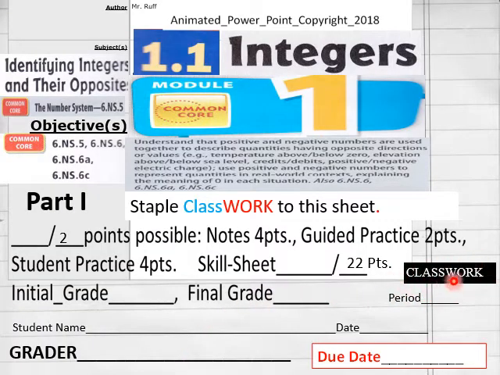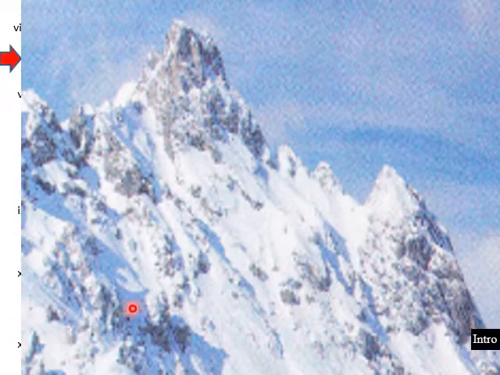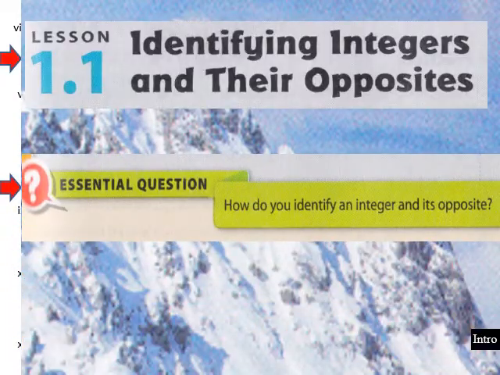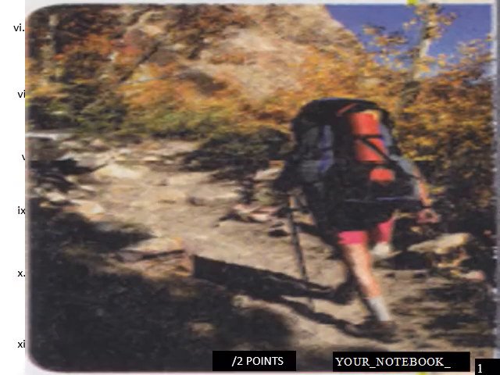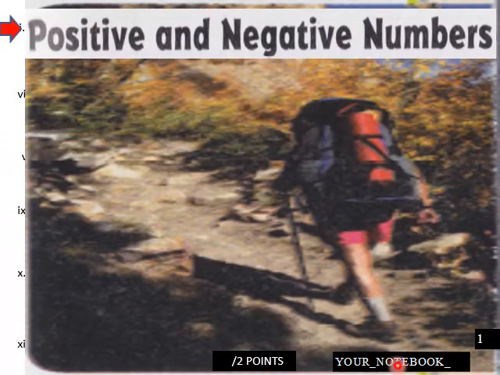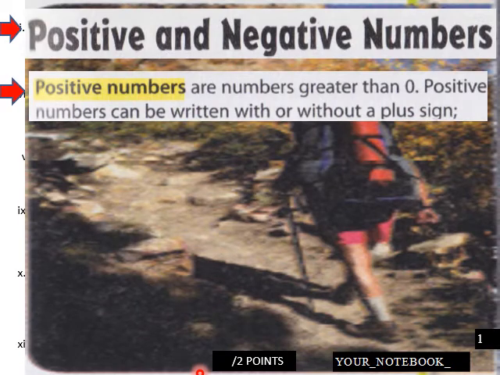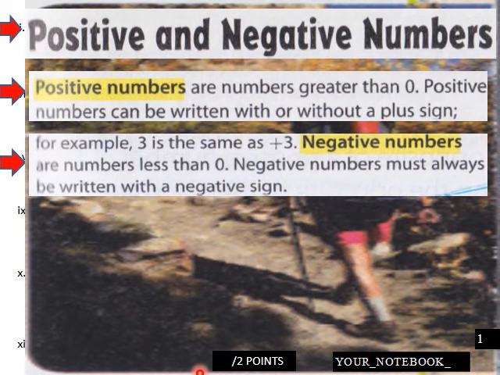Then we go into our classwork here, our official classwork. Identifying integers and their opposites. How do you identify an integer and its opposite? This goes into students' notebook here. This is notebook on page 1 of this classwork. Positive numbers are numbers greater than 0. Positive numbers can be written with or without a plus sign.